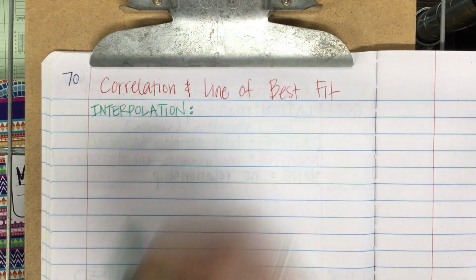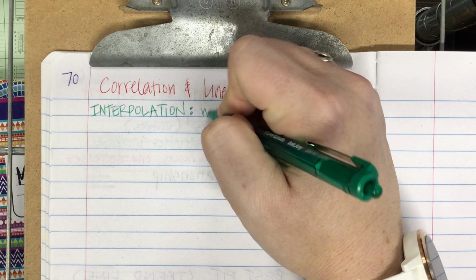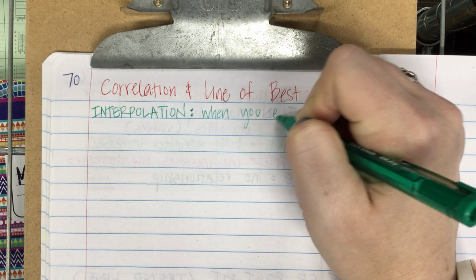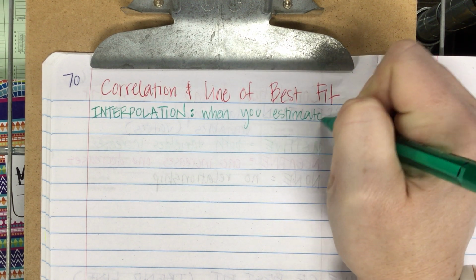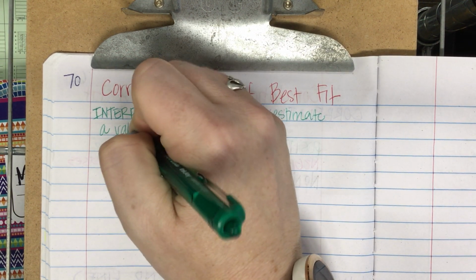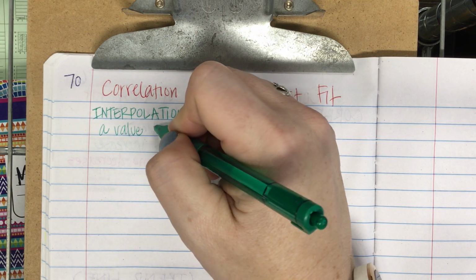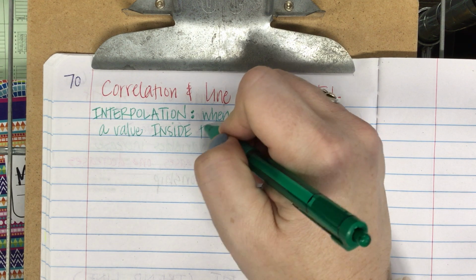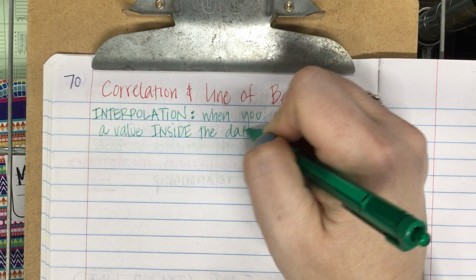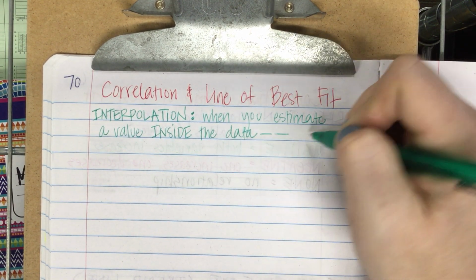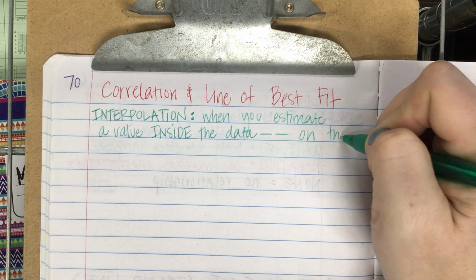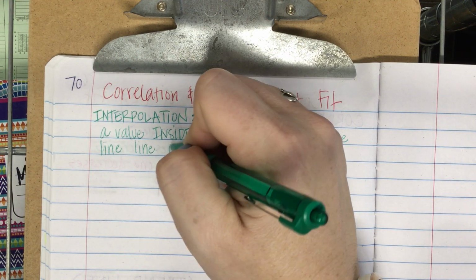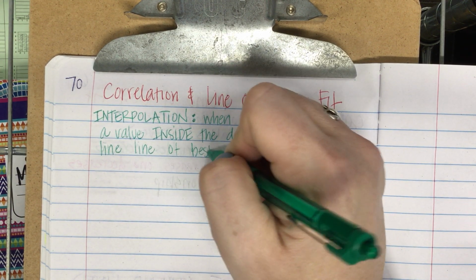Interpolation is when you estimate a value inside the data. It means it's on the line of best fit.